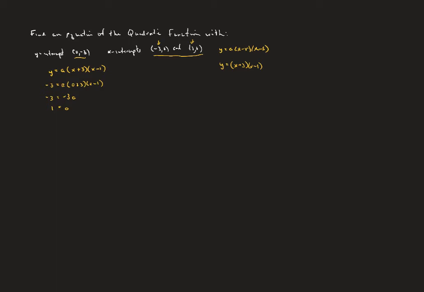Okay, let's do a slightly different kind of question here. This time I'm going to say the y-intercept is going to be (0, -4), and this time I'm going to tell you that it only has one x-intercept, and that is going to be at (2, 0).